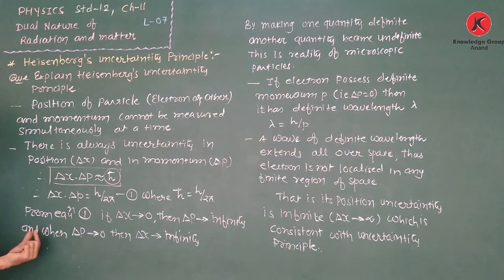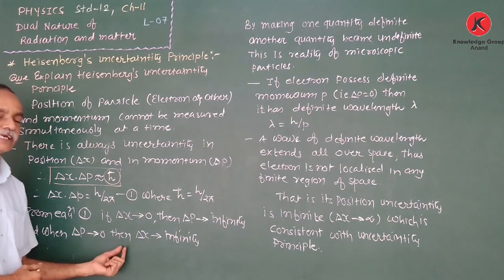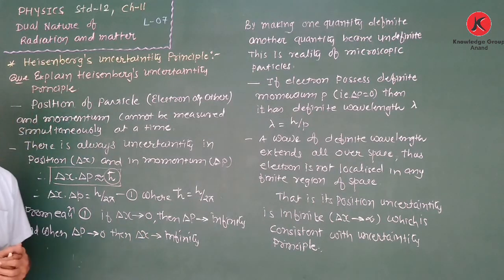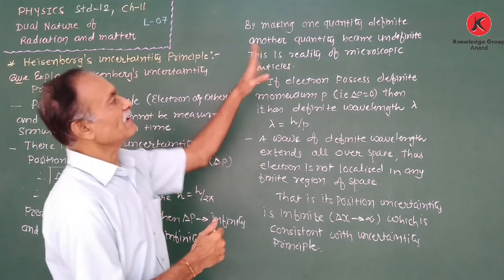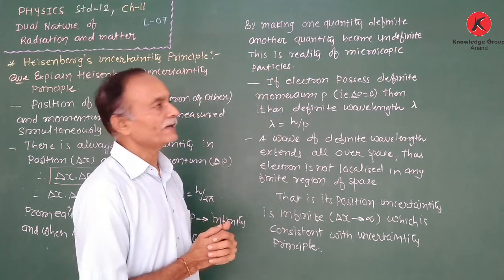Similarly, when delta p tends to 0, that means the momentum of the particle is fixed, that means certain, at that time its position becomes more uncertain. By making one quantity definite, the other quantity becomes indefinite.